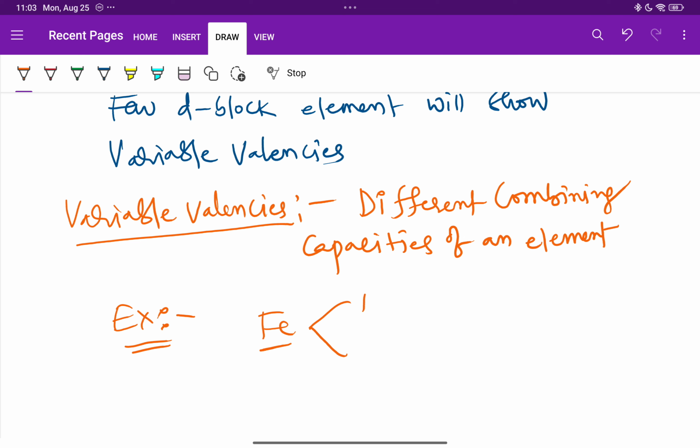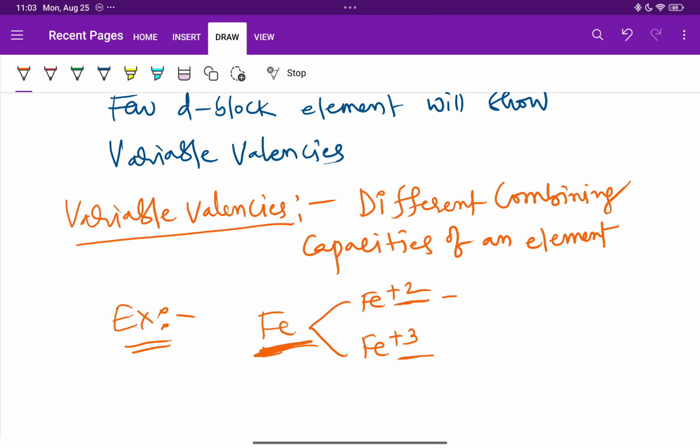In some compounds iron charge is +2, and in some compounds iron charge is +3. So the same metal iron shows different positive charges in different compounds. Iron has only two different types of positive charges, a lowest positive charge and a highest positive charge.